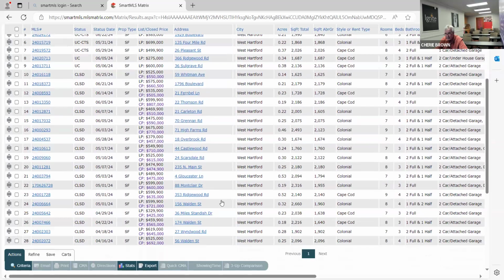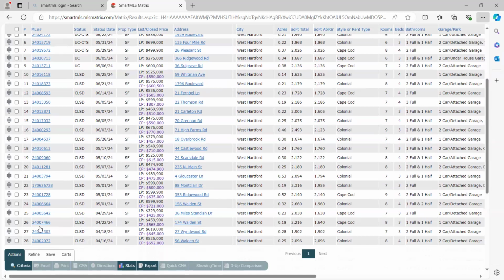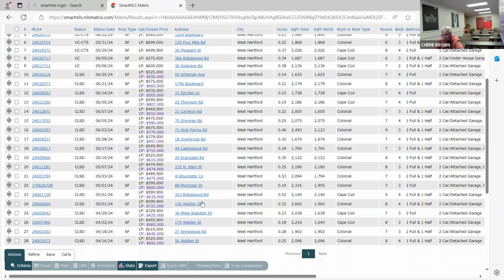Let me see. Oh yeah, so here's Walden. This is our subject street. This is a little bit bigger house. And 56 Walden Street is kind of in the same area. Well, we've got one here, 156.